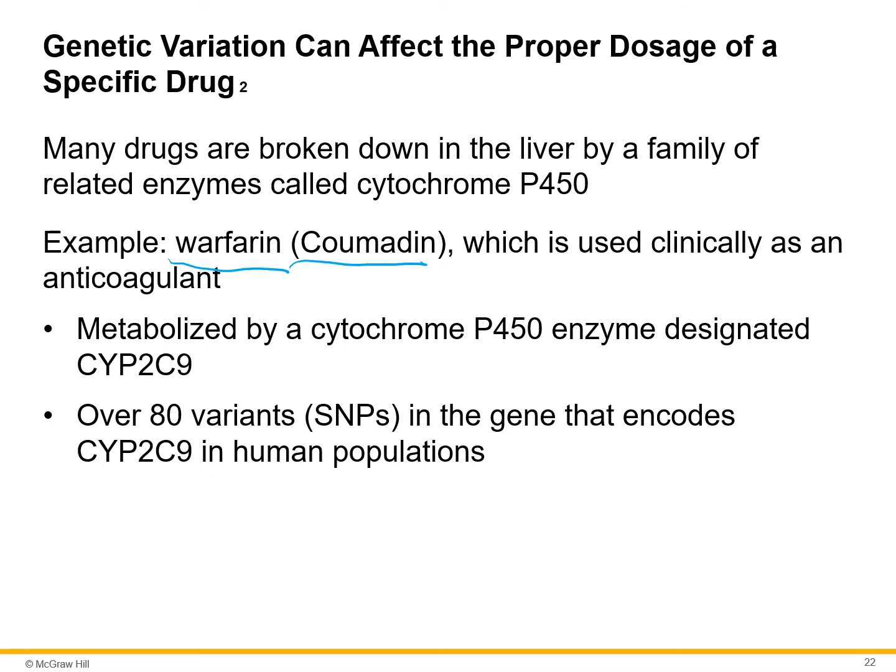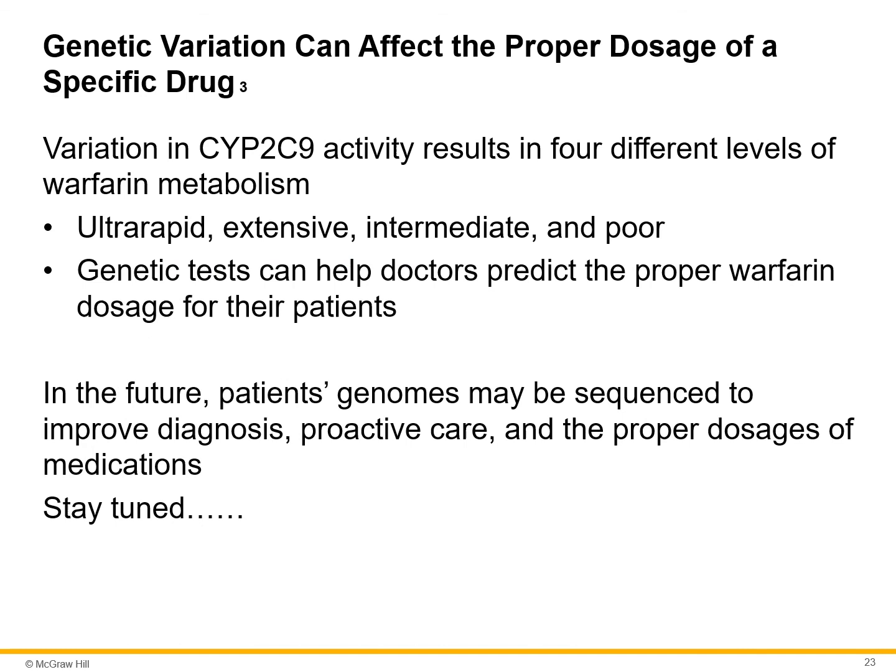So for example, if someone is on Coumadin and needs to have surgery, if it's a voluntary or scheduled surgery, they have to stop taking the Coumadin for a while beforehand, or otherwise the surgery is difficult because they don't normally clot their blood. So that's another use of personalized pharmacological doses based on your genome.